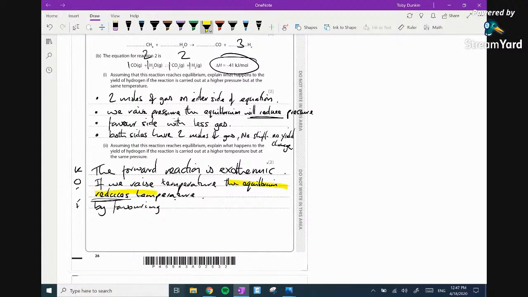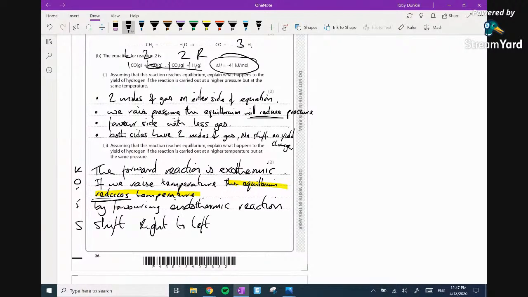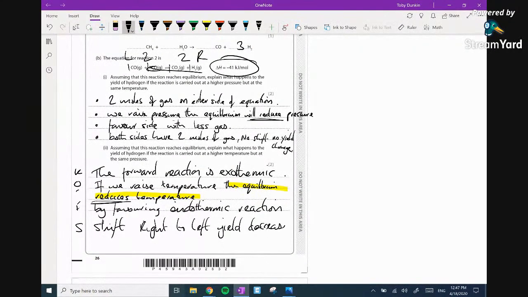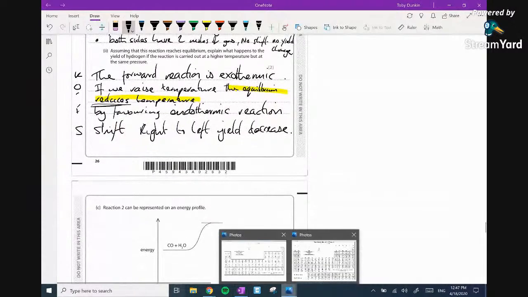The equilibrium reduces temperature by favoring the endothermic reaction. Endothermic, can't just write endo. Endothermic reaction, which is the backward one. So we're going to go backwards. We're going to shift right to left. Right to left, yield decrease. My hand is pressing all of the buttons.